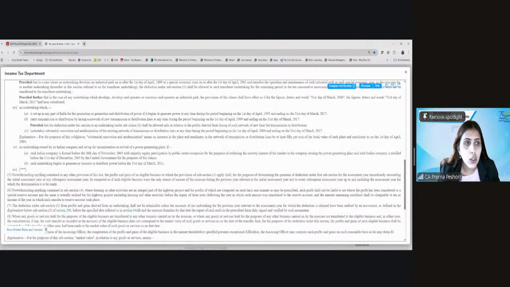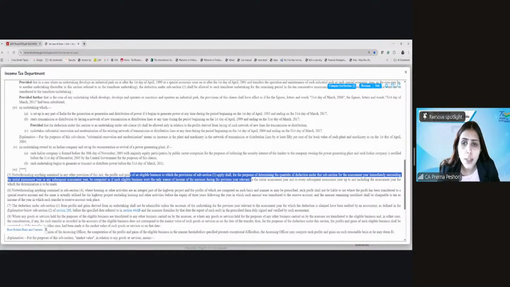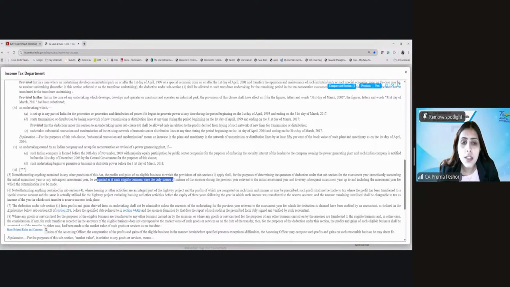It says, notwithstanding anything contained in any other provision of this Act, meaning this is overriding all other provisions of the Act. It's a notwithstanding clause, non-obstante clause. The profits and gains of an eligible business to which the provisions of subsection 1 apply shall, for the purposes of determining the quantum of deduction under this subsection for the assessment years, be computed as if the eligible business were the only source of income of the assessee.